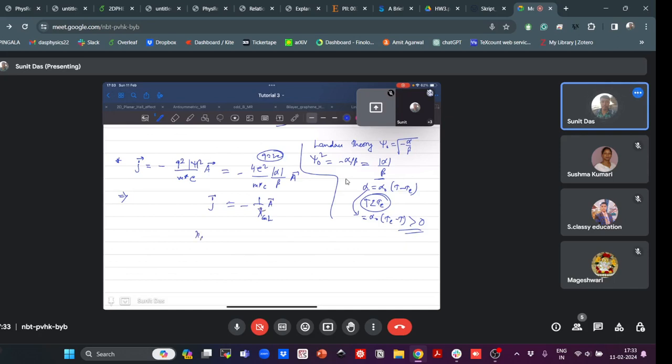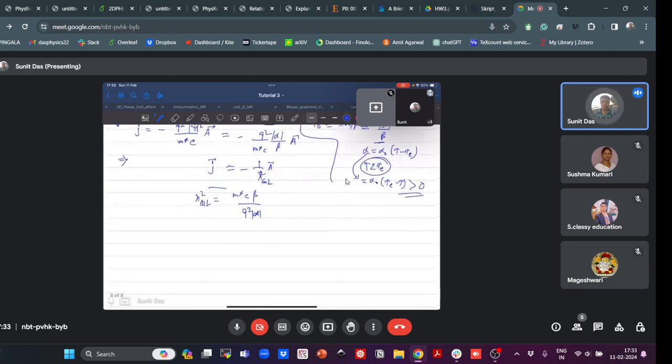So that lambda Ginzburg Landau square is m star c beta by 4e square. Let's keep it q square, and then mod alpha. Okay. So this is the equation.